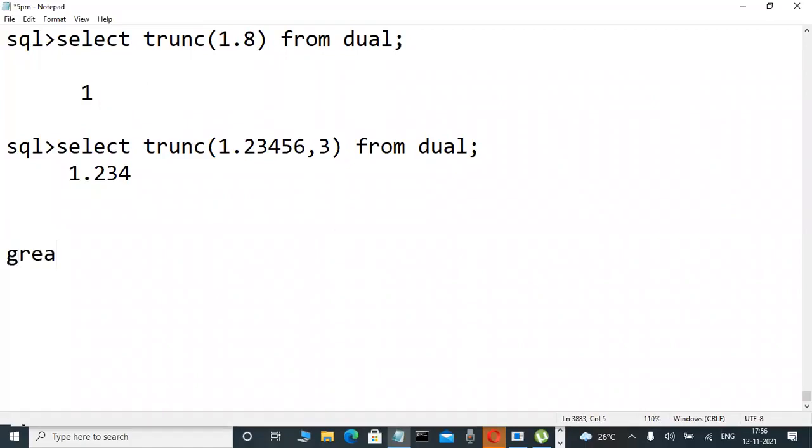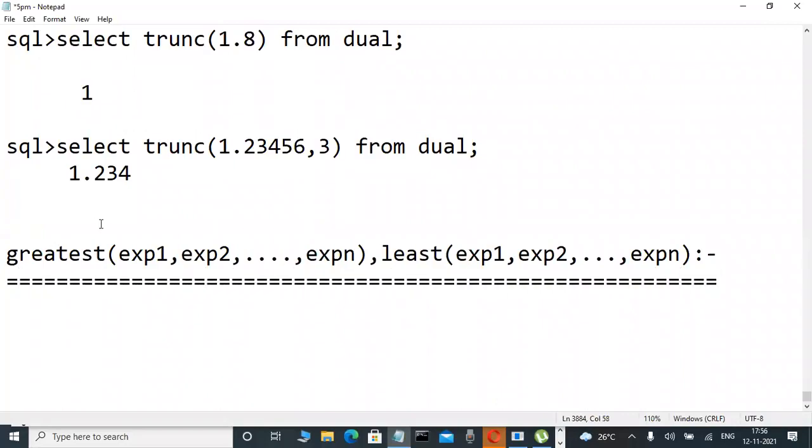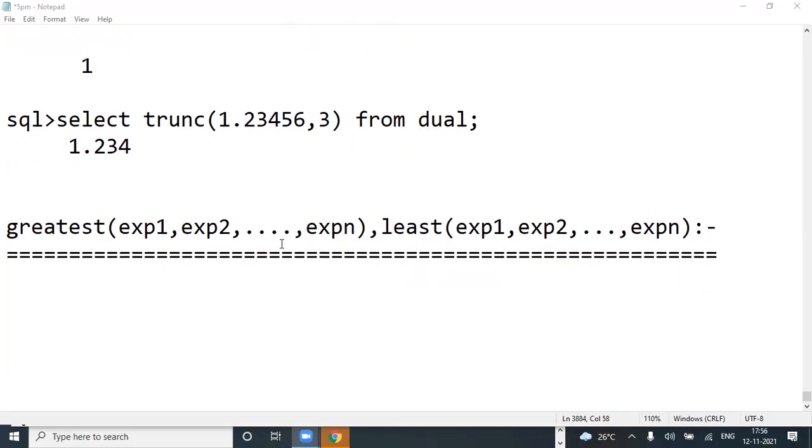Write it. Greatest of expression 1 comma expression 2 comma dot dot comma expression n, least of expression 1 comma expression 2 comma expression n.